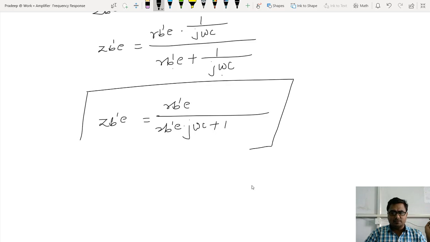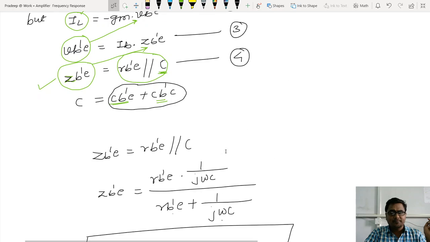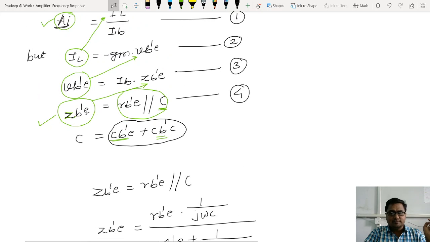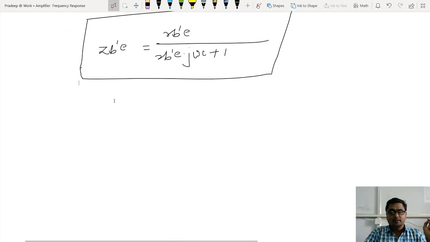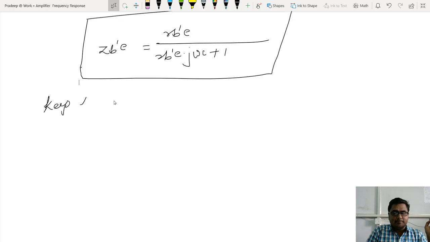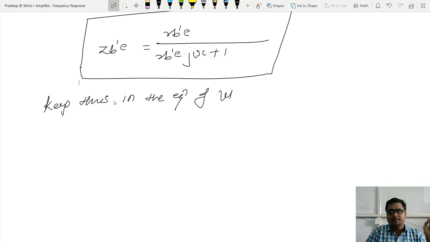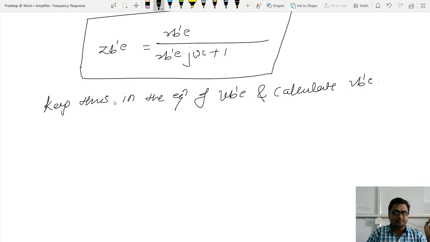Now that value of ZB'E, where to keep it? I have to keep it in VB'E. So let us do it. I will keep this in the equation of VB'E and calculate VB'E.